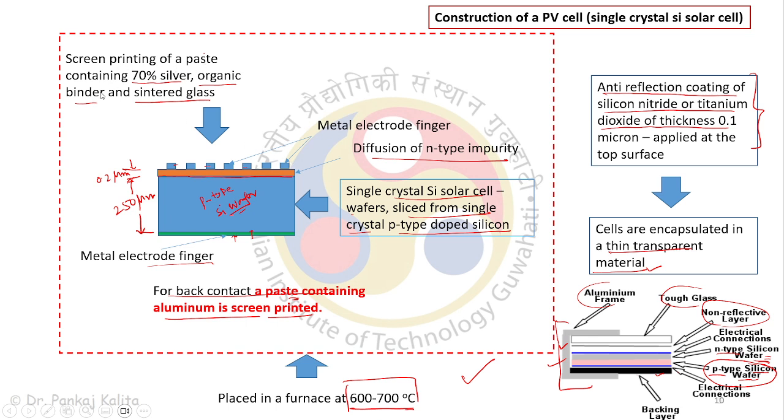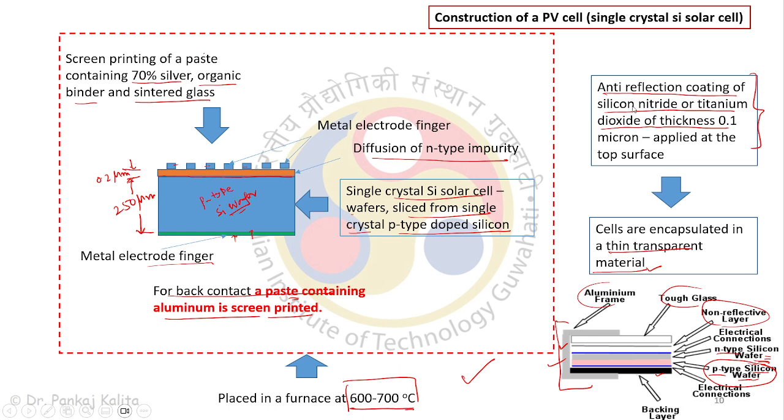The screen printing of a paste containing 70% silver, organic binder, and sintered glass is applied onto the metal electrode fingers in the spaces, and diffusion of n-type impurity is done in the p-type silicon wafer, forming a p-n junction. For the back contact, a paste containing aluminum is screen printed, and all this is placed in a furnace at 600 to 700 degrees Celsius.